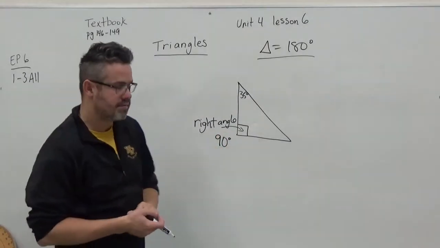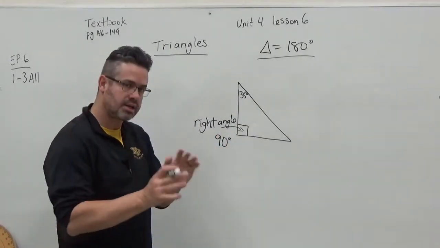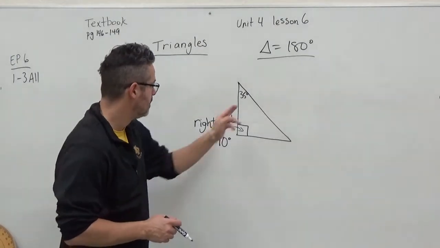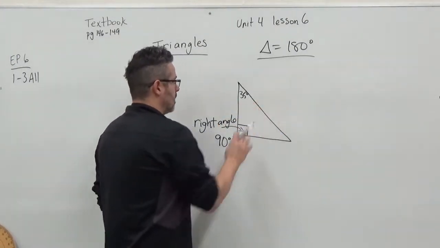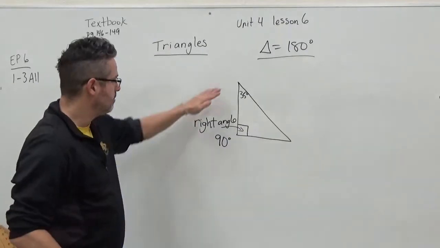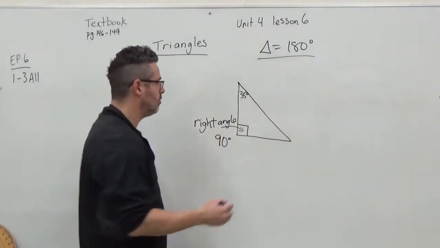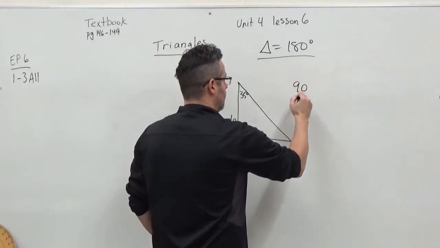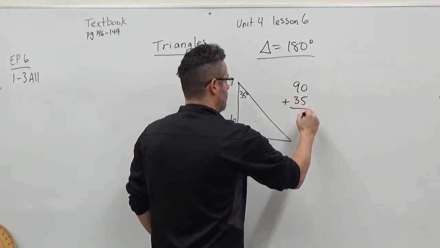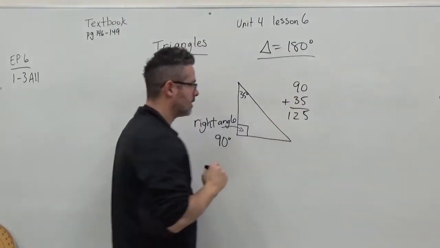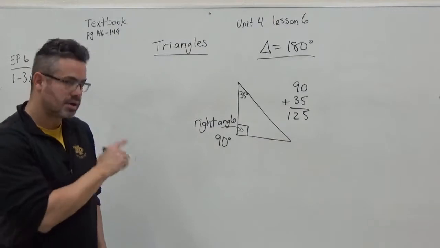So they actually gave us two numbers. Okay, so they like to be a little bit tricky sometimes. So, again, going back to what we did last time, we should add up what we know. 90 and 35. Okay, 125 degrees are used up.